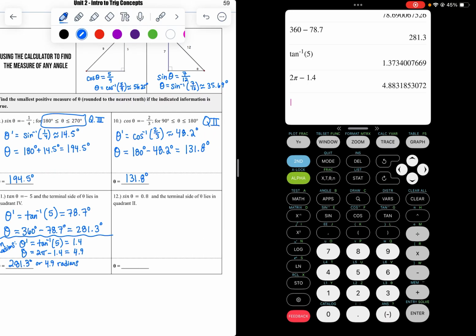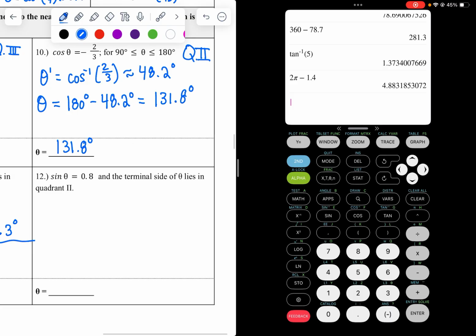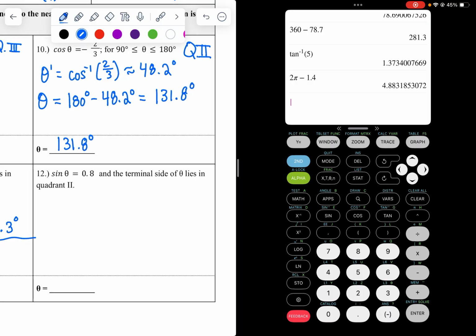All right, so next one, the sine of theta equals 8/10, and the terminal side of theta lies in quadrant 2. So we are looking for theta prime, our reference angle here. So the inverse sine of 8/10.